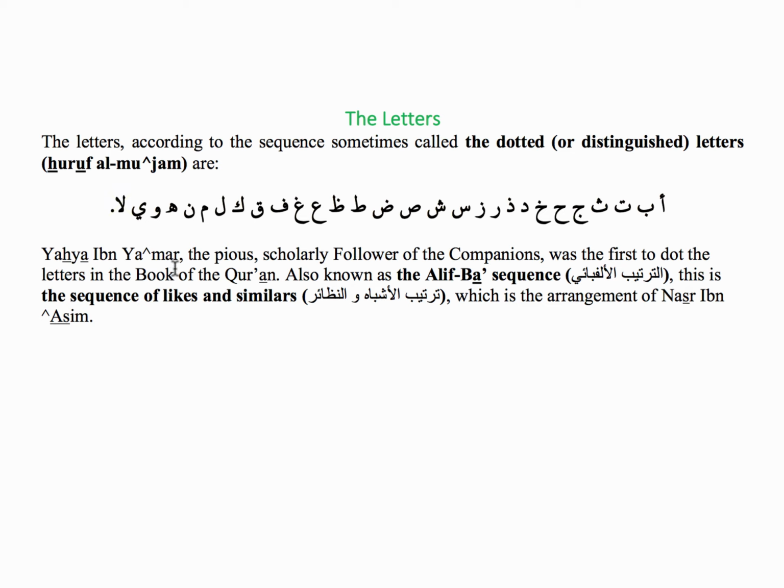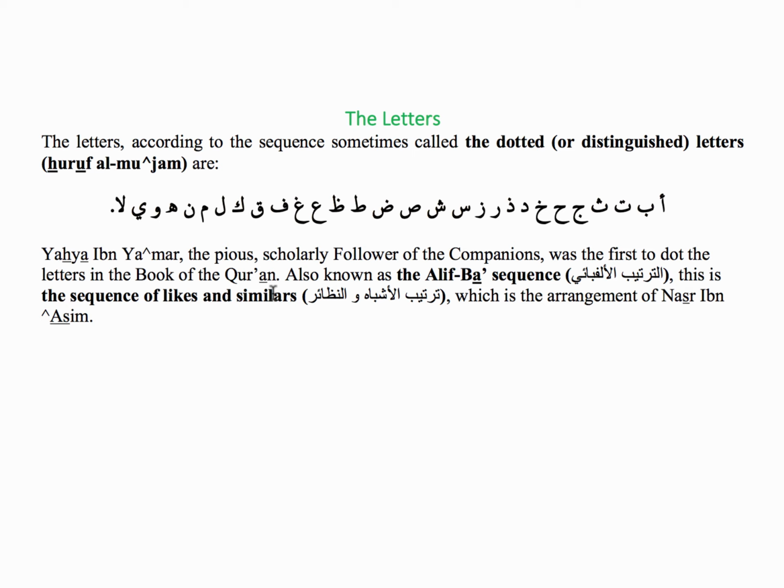Yahya ibn Ya'mar, the pious scholarly follower of the companions, was the first to dot the letters in the book of the Quran. So the letters according to the sequence, sometimes called the dotted or distinguished letters, huruful mu'jam, are these letters. The first one to dot these letters was Yahya ibn Ya'mar.